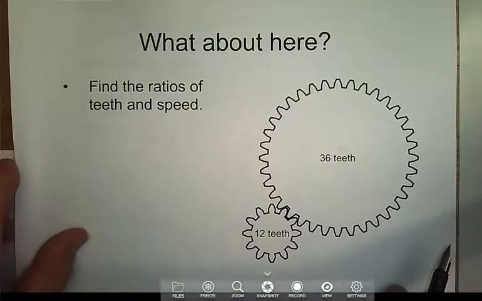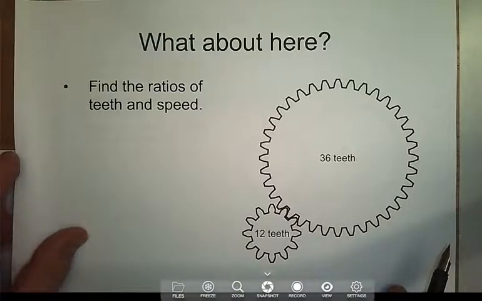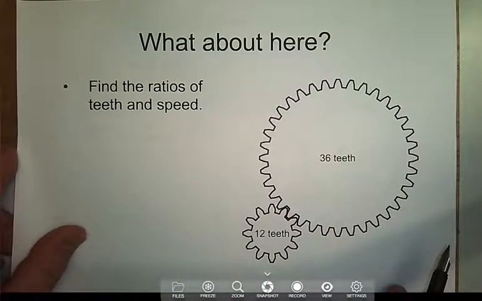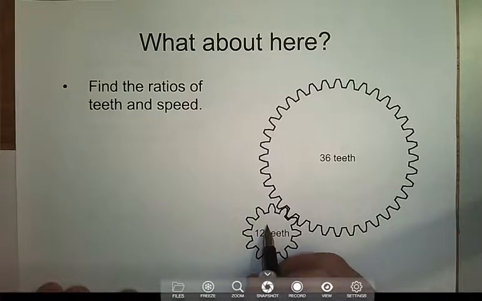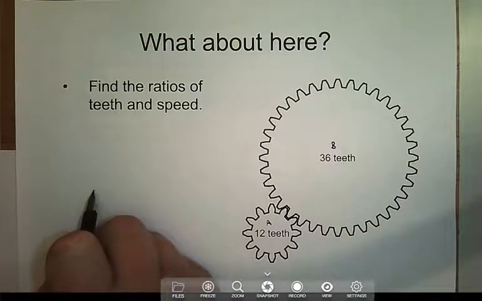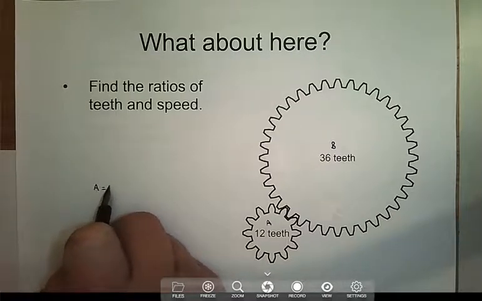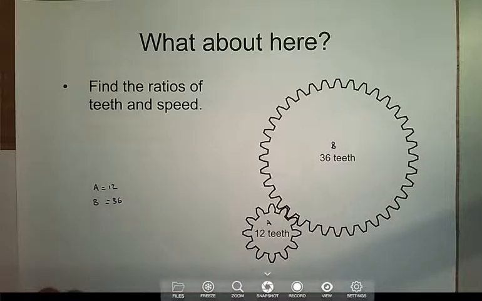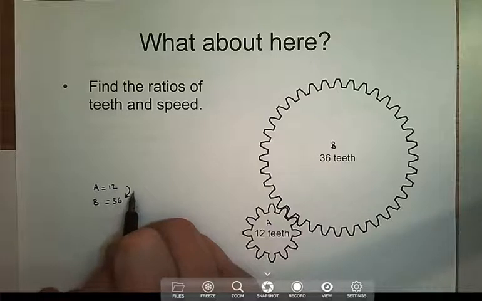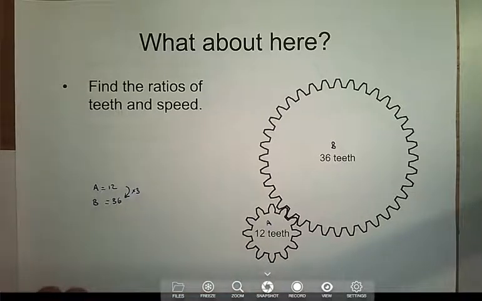So, can we find out the ratio of the teeth and speed in this instance? Pause the video to have a go. Well, as you can see, if this is A and this is B, A equals 12, B equals 36, and there is a factor of 3 between them.